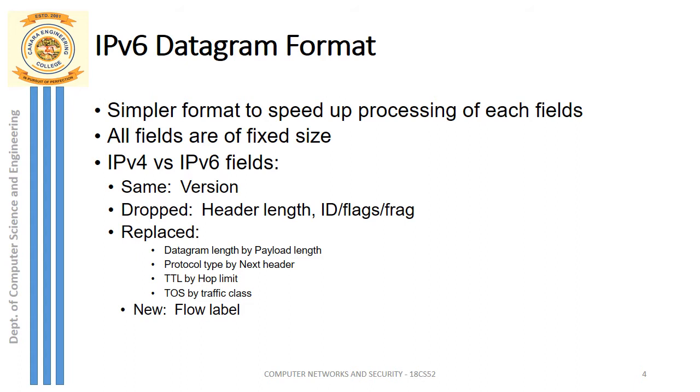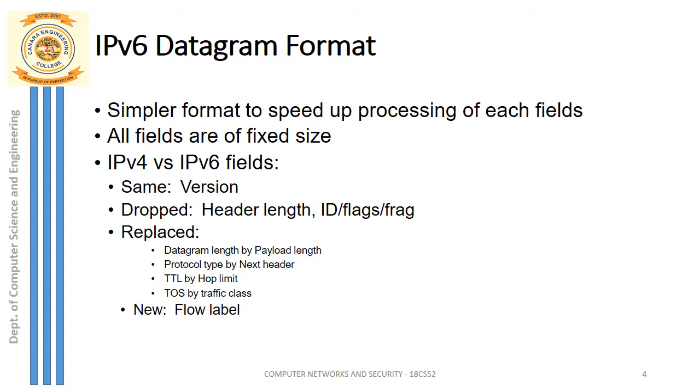If we consider the version field, it is the same as in IPv4, and some of the fields like header length and ID flags are removed in the IPv6 header format.